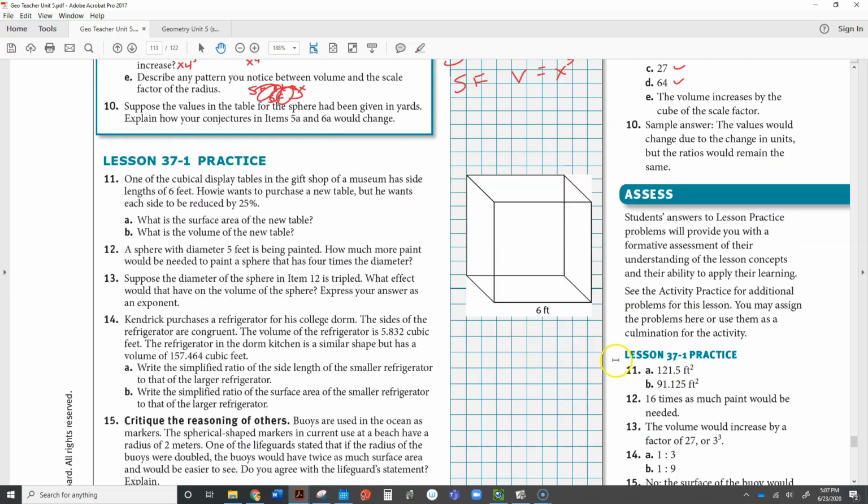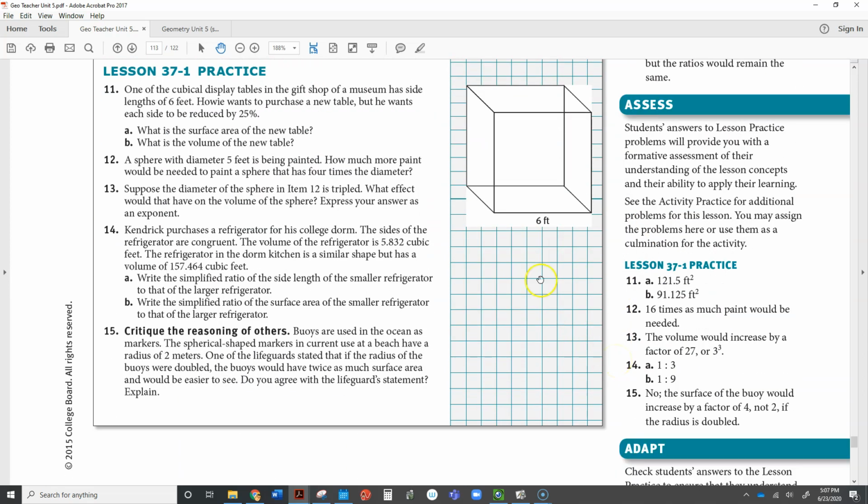All right, so let's go down here and get the answers to these. What's the surface area of the new table? Here's the answer, 121.5. One of the cubic displays has a side length of 6. Howie wants to purchase a new table, but he wants its side to be reduced by 25%.